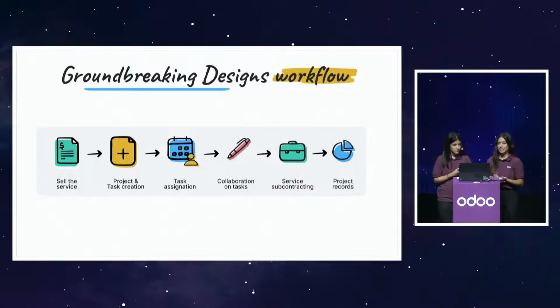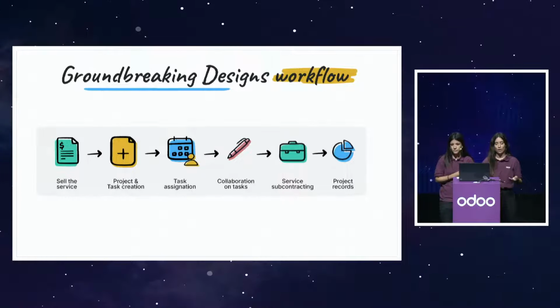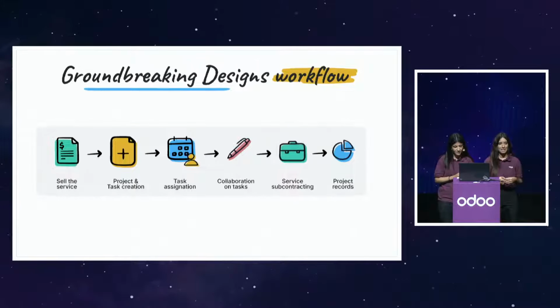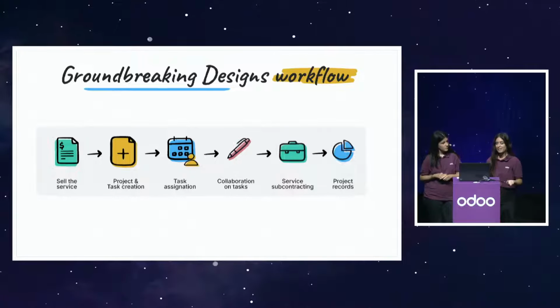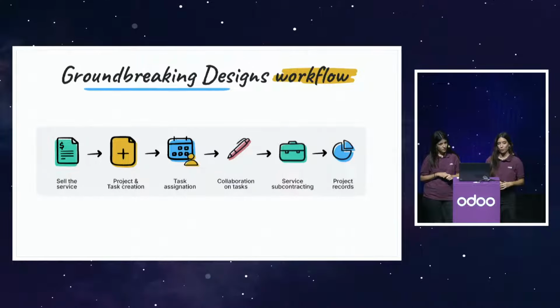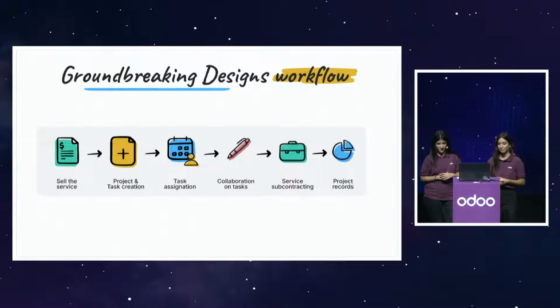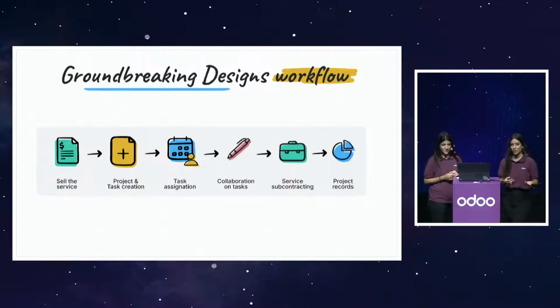Okay, so this is the Groundbreaking Designs workflow. It starts with the sale of a service. When the sales order is confirmed, it should automatically create a project with its tasks. Once the tasks are created, we're going to move forward to plan these tasks and assign them to the right employees. Once this is done, we can start working and collaborating on the tasks.